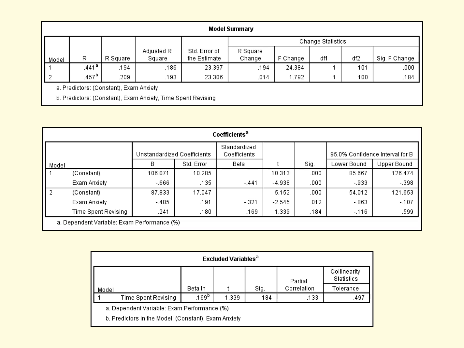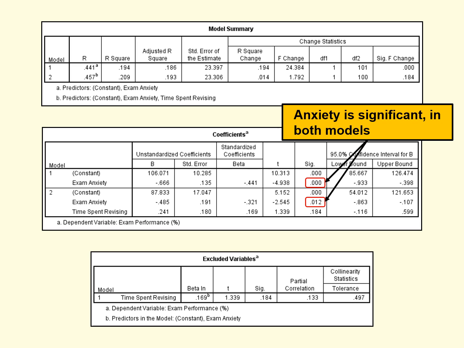Anyway, if you slide down, you can see the table for the coefficients, and you can look at the t-tests for each of those regression coefficients, and you can notice that exam anxiety is significant in both augmented models. So if you look at the unstandardized and standardized regression coefficients, and then at the t-tests and significance levels, you can see that anxiety contributes in both models.